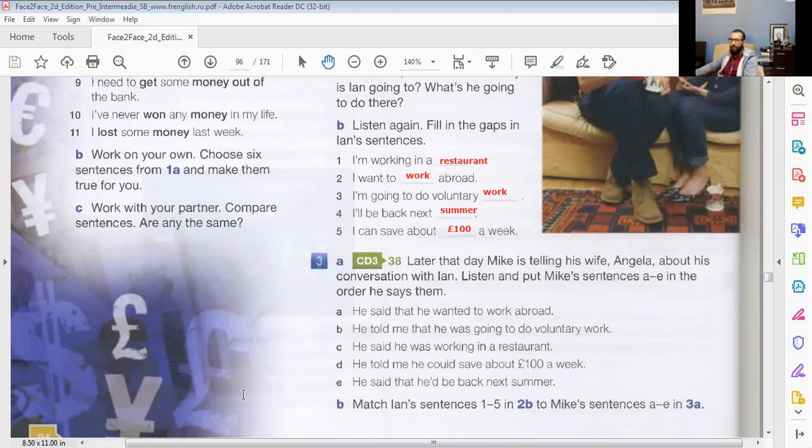But it's voluntary work with environmental lawyers. He wants to do environmental law in the future. I think it's wonderful. Well, anyway, he said that he'd be back next summer. Right. He told me he could save about £100 a week, but I don't think that's possible. And he said the flight was £600. Oh, he's wasting his money.